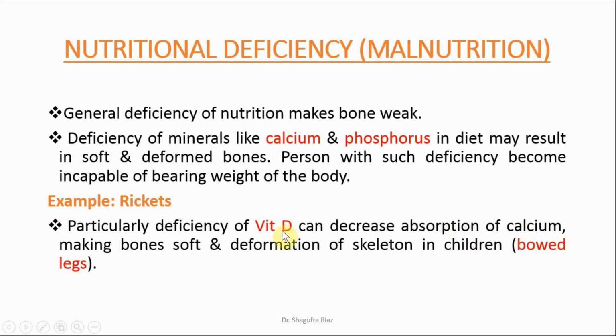Without vitamin D, calcium cannot be absorbed in our body. So when vitamin D is deficient in the body, it will decrease the absorption of calcium, and because of the decrease of calcium, the bones become soft and deformed. The example can be seen in children with bowed legs or bended legs.